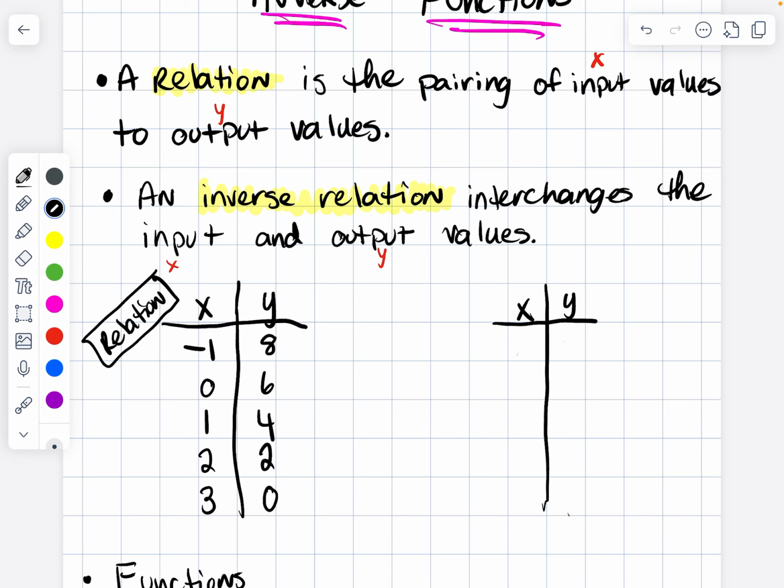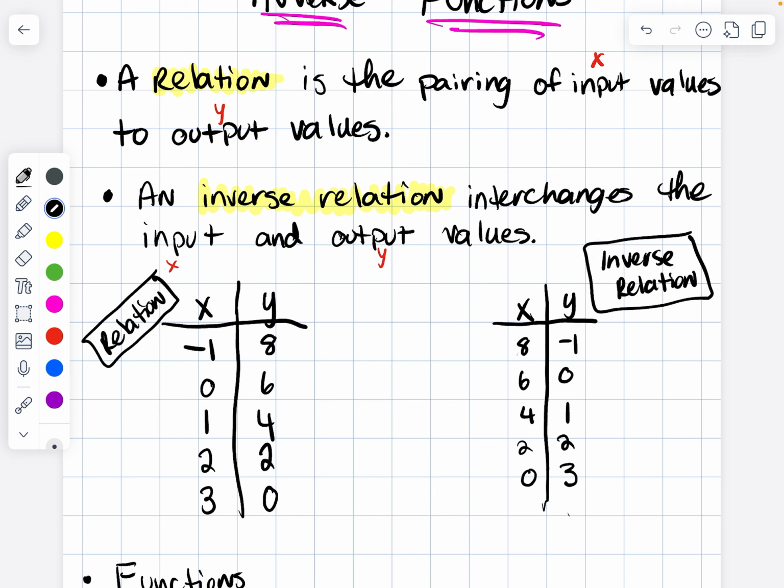So now we have 8, -1, 6, 0, 4, 1, and then 2, 2, and then 0, 3. And so now this is an example of an inverse relation.